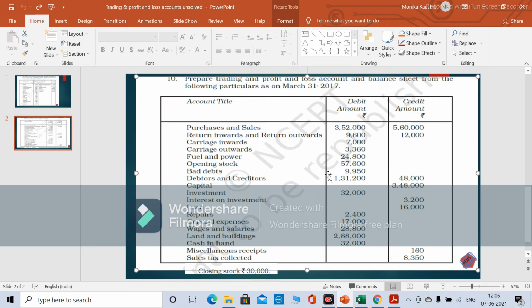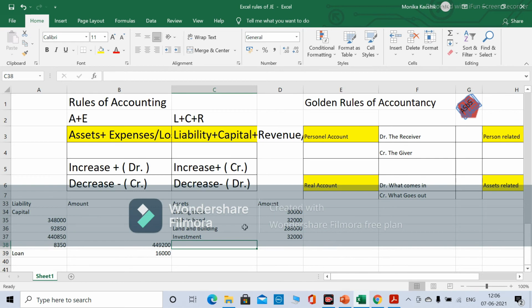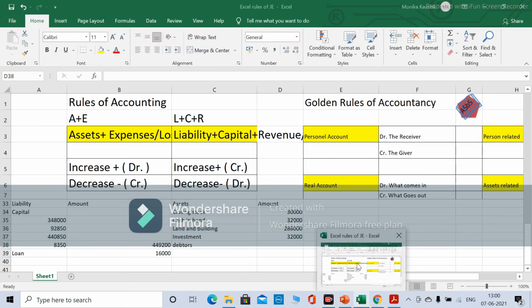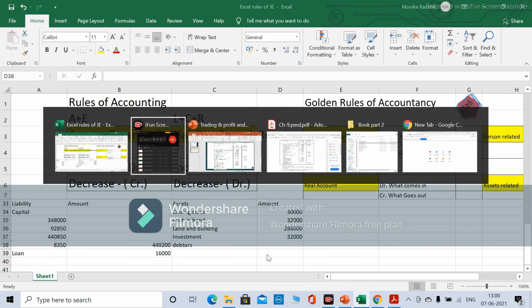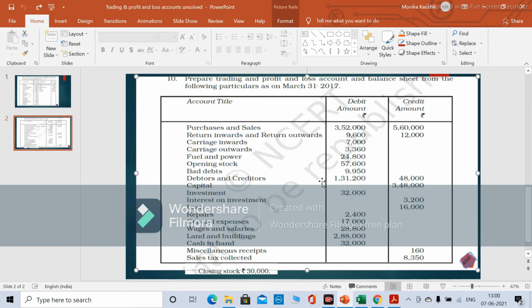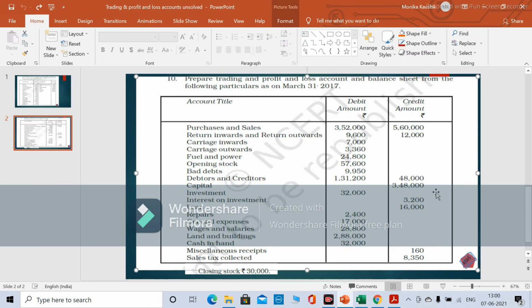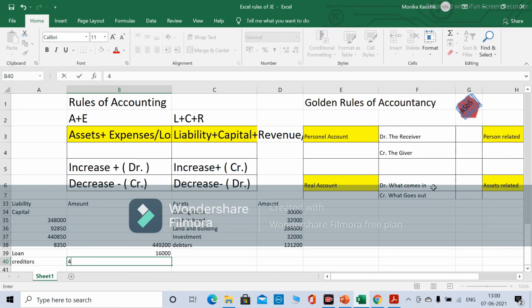Capital is done. Debtors, creditors. Debtors, asset, current assets. Okay. Debtors is 1,31,200. These are assets. And the creditors, liabilities, 48,000 only.